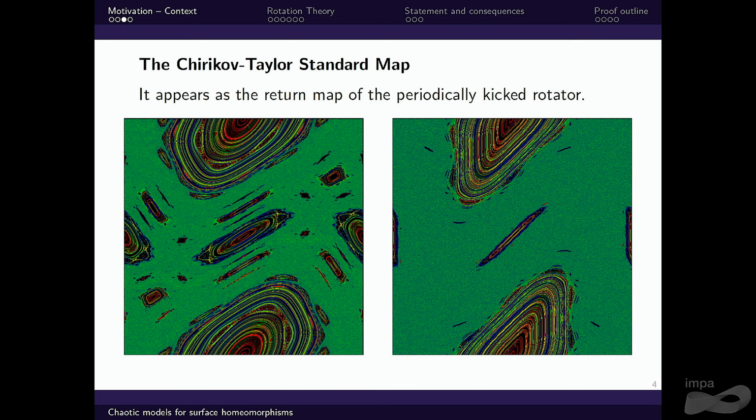Depending on the size of the kick, you will see something like that or something like that. This is a family depending on one parameter. But what I want you to see is that there are essentially two different behaviors. You have some blobs and some fuzzy thing. So you have your blobs.